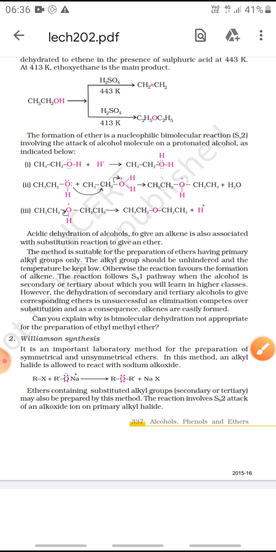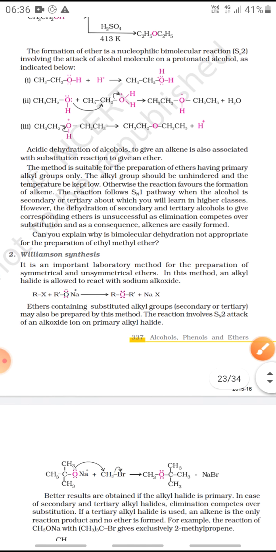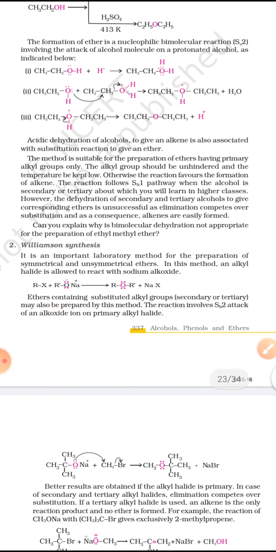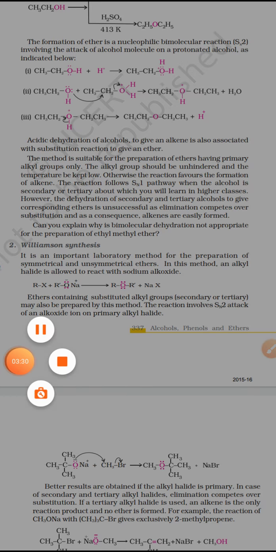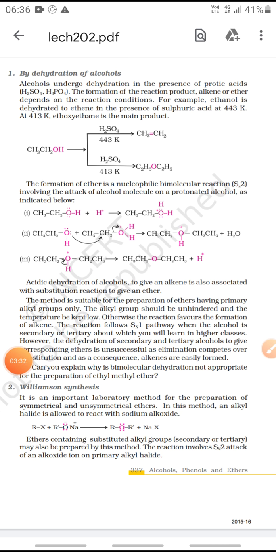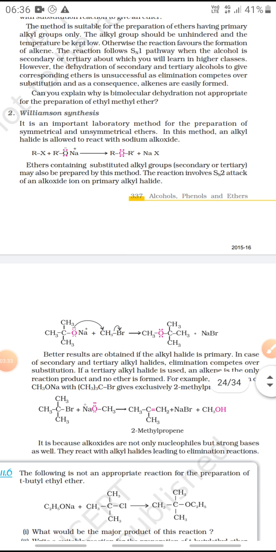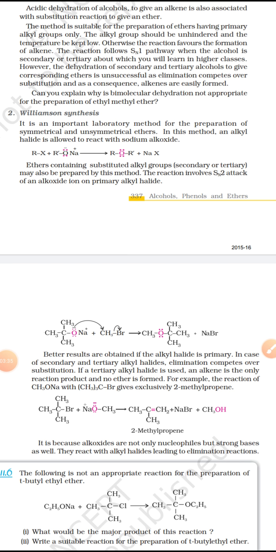Now, another method that can be used for the preparation of ether is the Williamson synthesis of ether. In this Williamson synthesis of ether, the very important thing that you have to remember is that this method of preparation of ethers is for the preparation of symmetrical and unsymmetrical, both type of ethers.